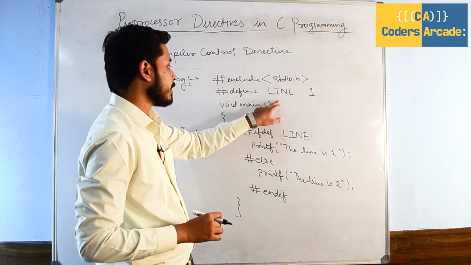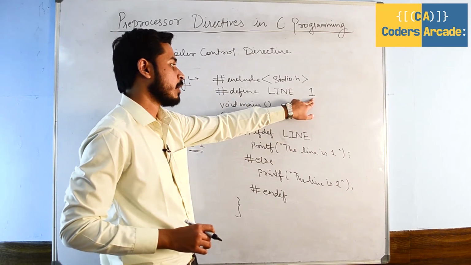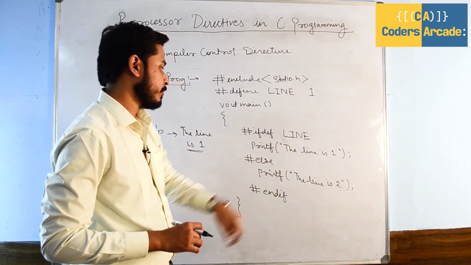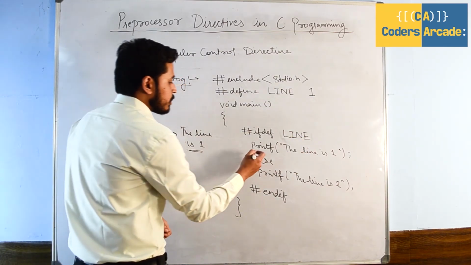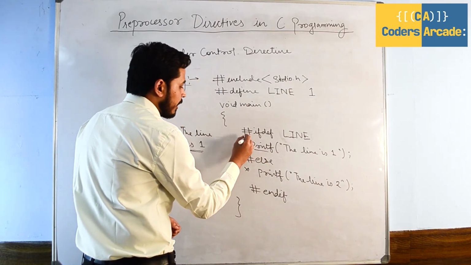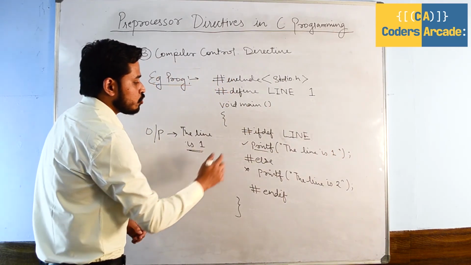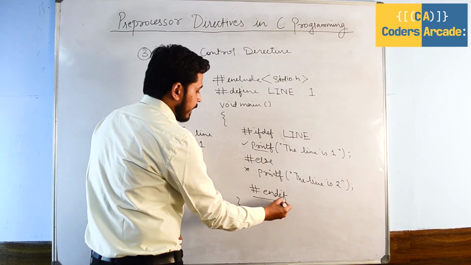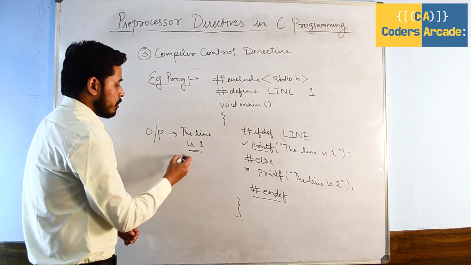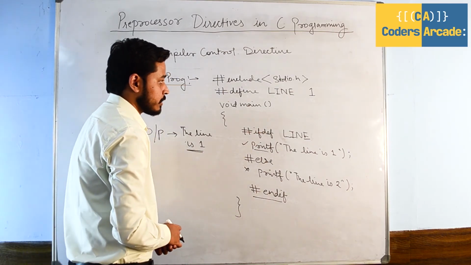Because here we swapped this identifier line with this predefined string, which is 1, correct? So this will be compiled and executed, but this won't be compiled. Why? Because our condition is true in this case only. So it will skip that part and end the ifdef, and with this, "the line is 1" will be printed here in this case.